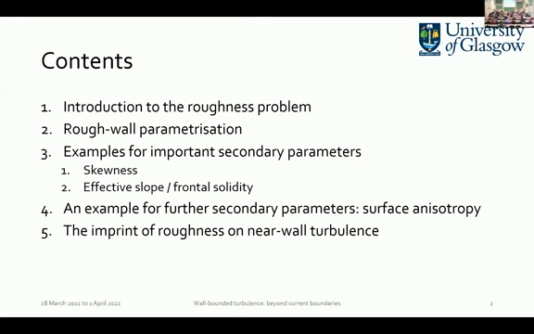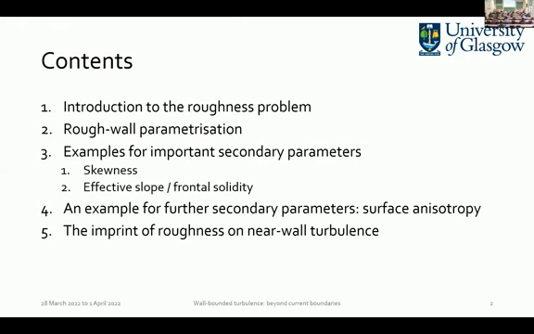I will first start with giving a very general introduction to the roughness problem, just to give a background because we have a wide audience with varied backgrounds. Then I will talk about rough wall parameterization and examples for important secondary parameters that have been identified.